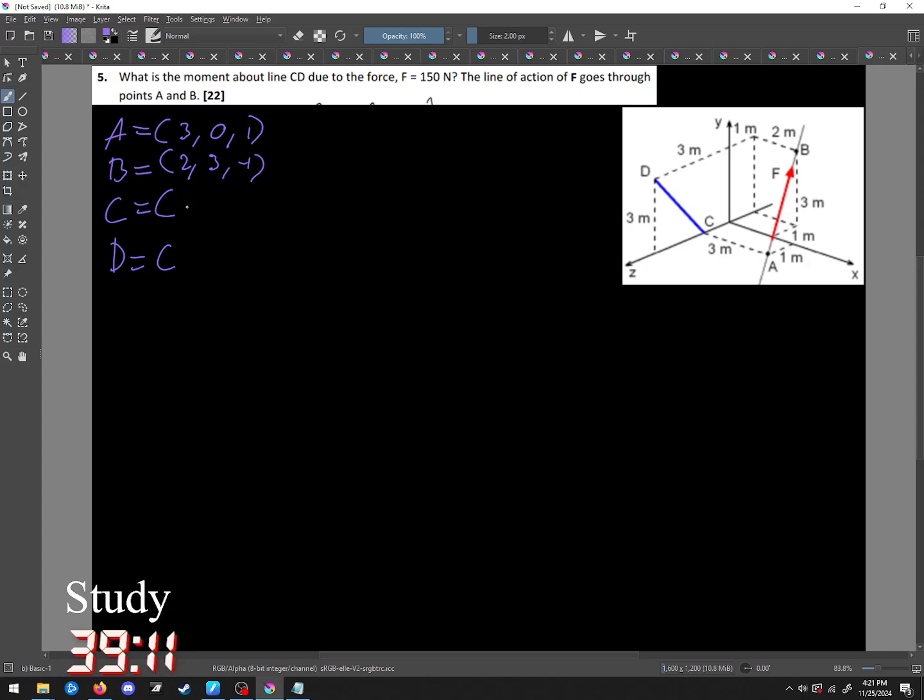C is gonna be 0, 0, 1. D is going to be 0, 3, 3.